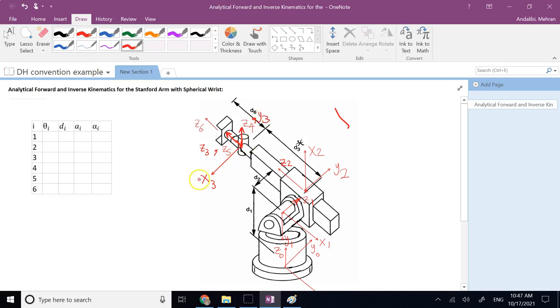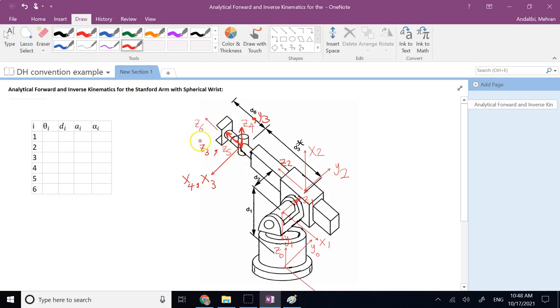Now, why did I select this direction? Although it makes the theta for 2 to 3 non-zero, now if you look at X4 and 5, you'll see that your Z3 and 4 are already perpendicular like that, and X4 has to be in the same direction as X3 is. So if I choose this to not only be X3 but to also be X4, now X3 and 4 are aligned.